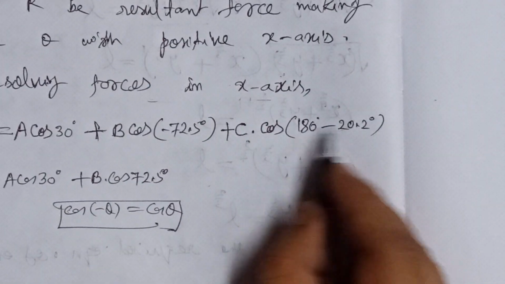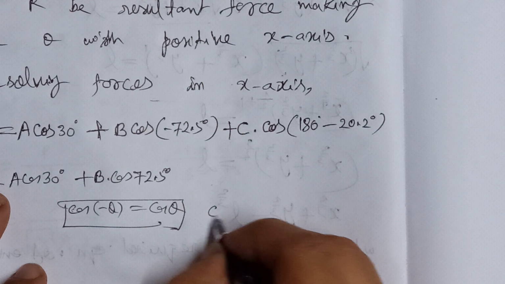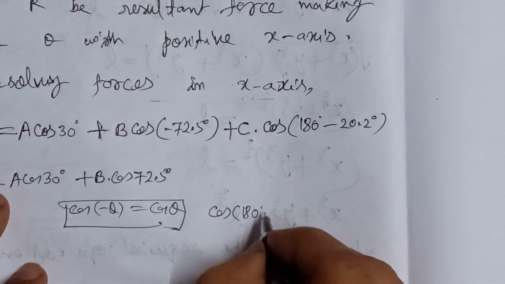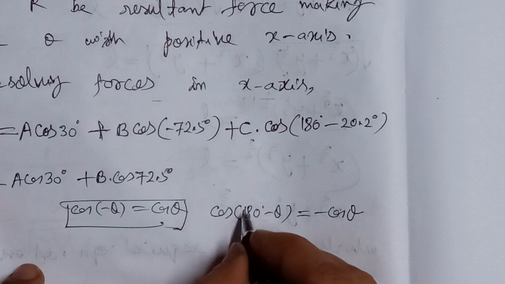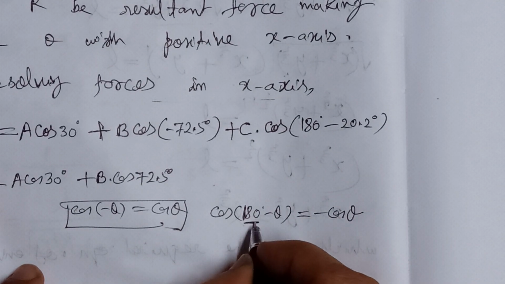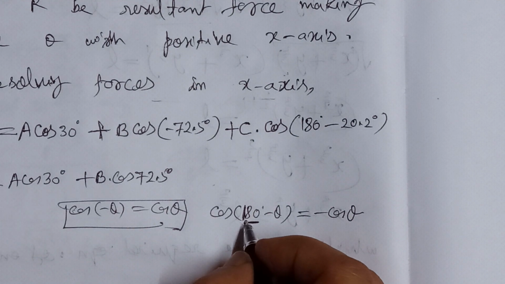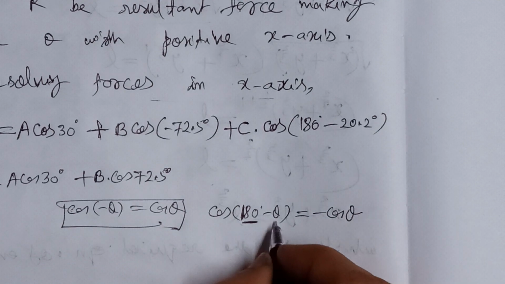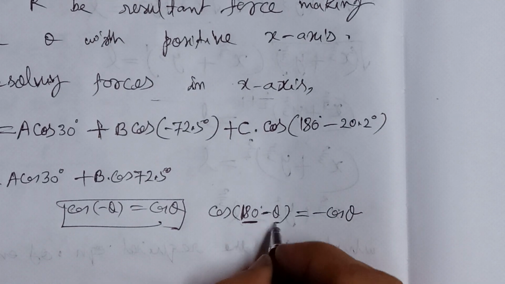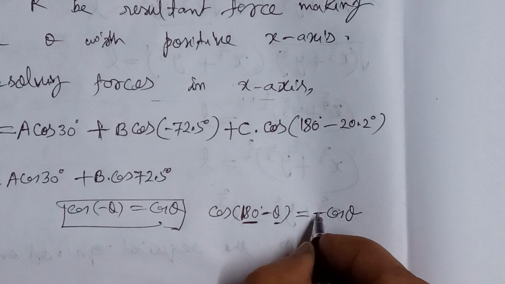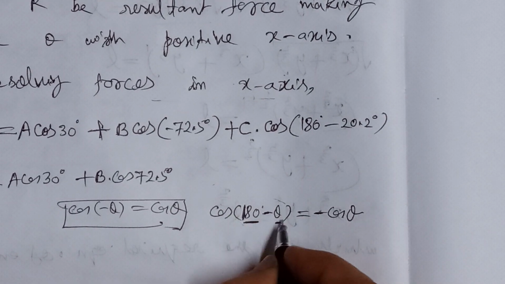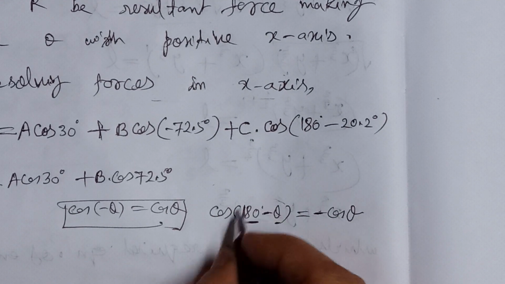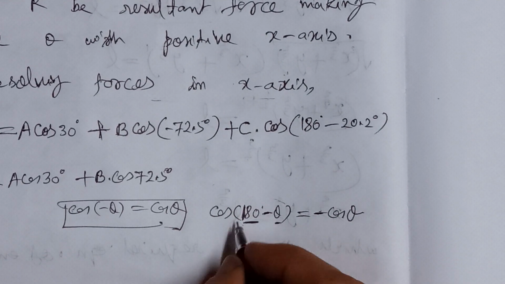But here we know the formula cos of 180 degrees minus theta is equal to minus cos theta. If 180 or 360 is written, we do not write this angle, we only write this value, and the sign is positive or negative according to the quadrant where the angle lies.